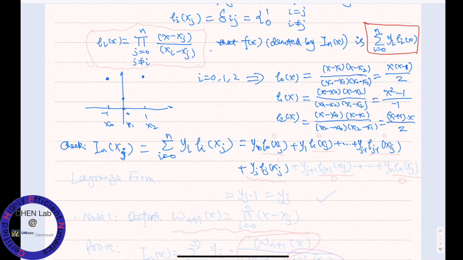These are all these functions evaluated at the same point, plus y(j+1) L(j+1) at xj, plus all the way to the end, yn Ln of xj. If you didn't see right away that it's equal to yj, then you need to expand this, like what I'm doing here. But from now on, I'm going to assume you can see it.